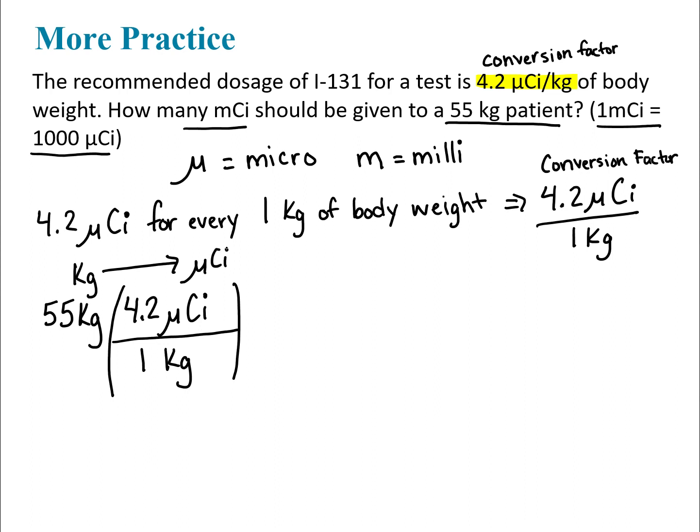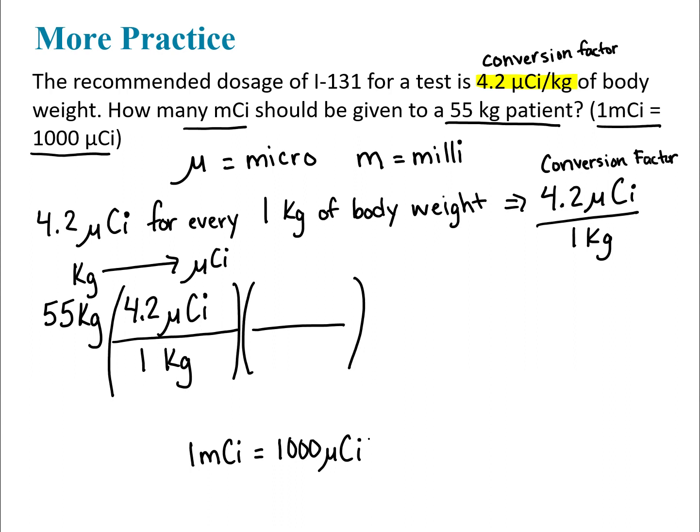But the question is asking for millicuries. And we're told 1 millicurie is equal to 1,000 microcuries.